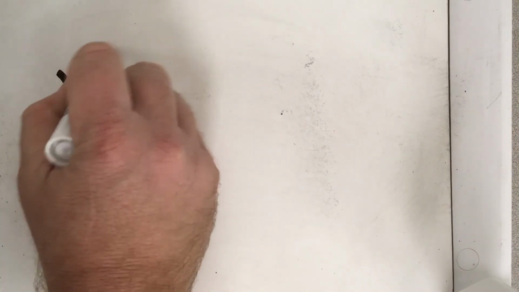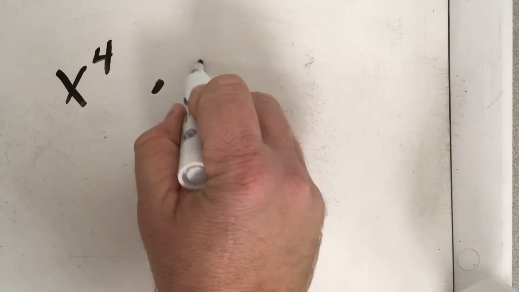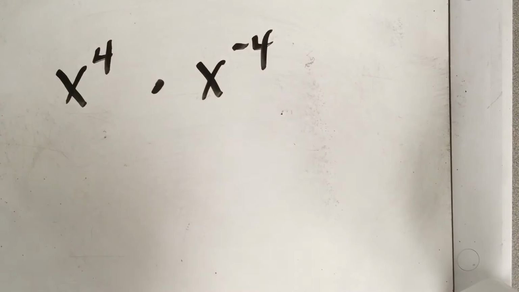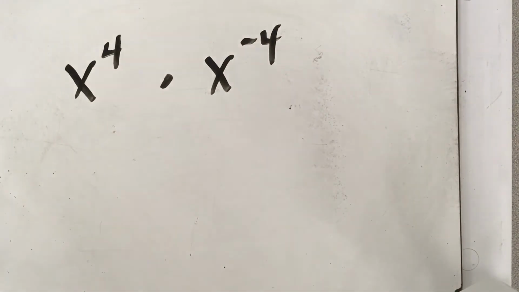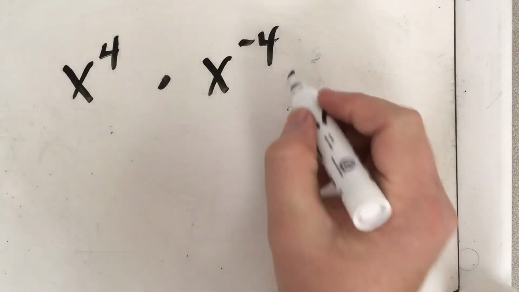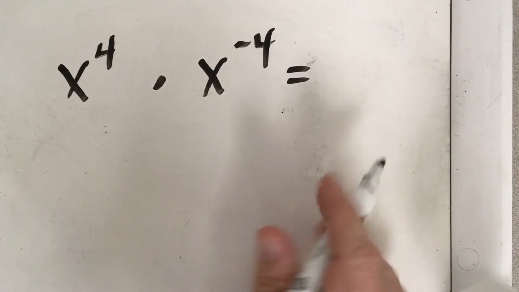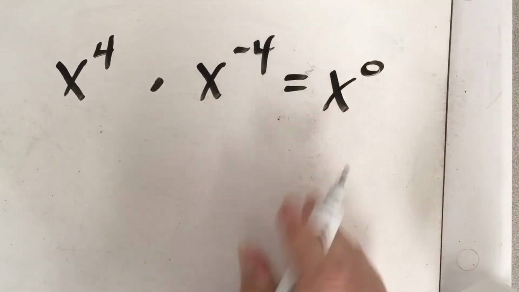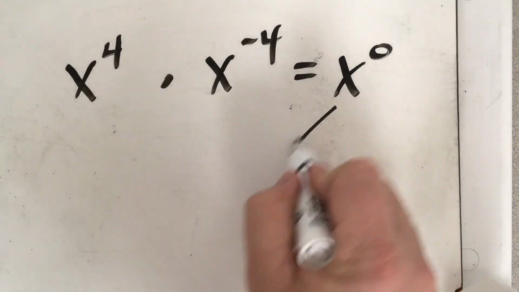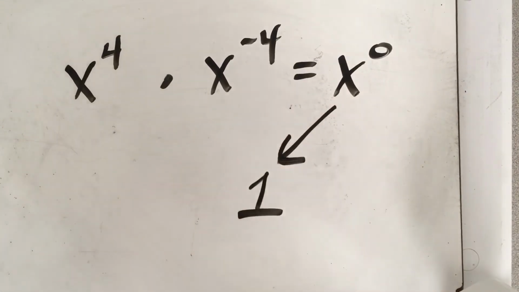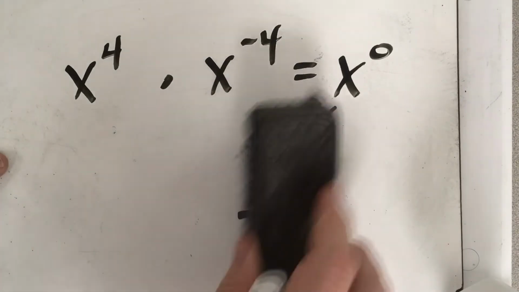What if you had x to the 4th times x to the negative 4th? What's the rule? Add those exponents. What's 4 plus negative 4? 0. Anything to the 0 power is 1. You're telling me x to the 4th times x to the negative 4th just comes out to 1? Think about it this way.